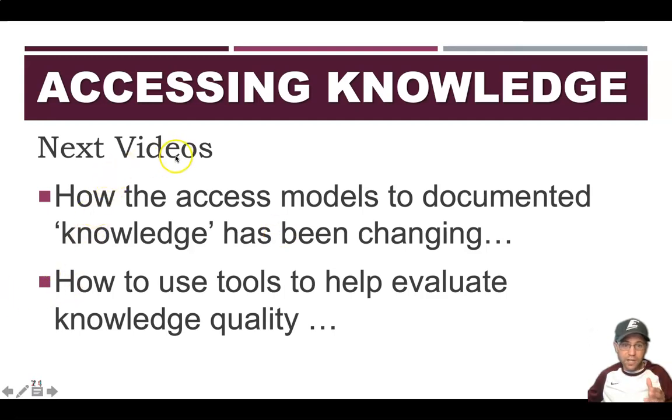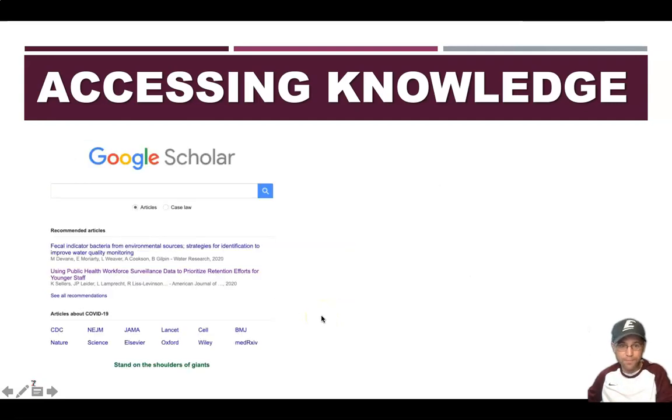In the next videos, we're going to look at how to access knowledge and how those models on knowledge access have been changing. We're also going to focus on how to use tools to help you evaluate knowledge quality in a quick or easy way, where you're relying possibly on some other giants to help you do that.